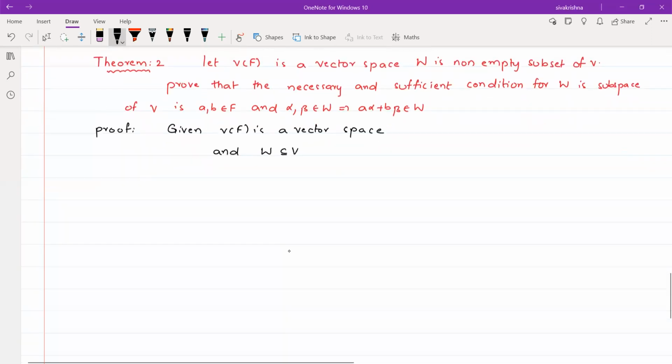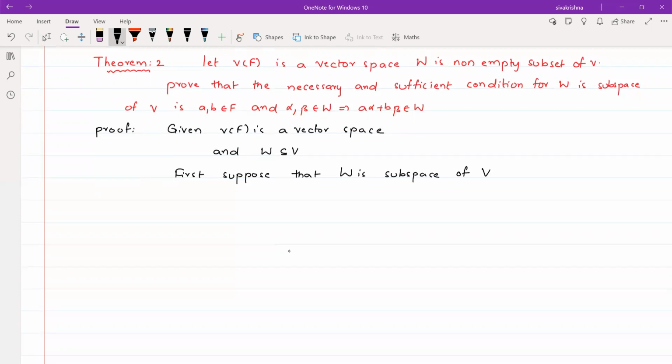Okay. So now I am supposing that, first, suppose that W is a subspace of V.